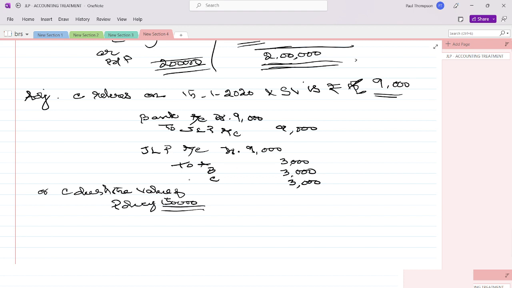So you have to distribute this 1,50,000 among the partners. That is, bank account debit 1,50,000 to JLP account 1,50,000, and JLP account debit 1,50,000 to A, B, C, 50,000 each. So when it is treated as an expense, nothing is distributed to them till the amount is received from the insurance company, and no JLP account will appear in your balance sheet.